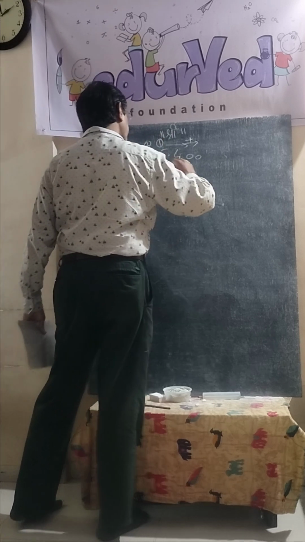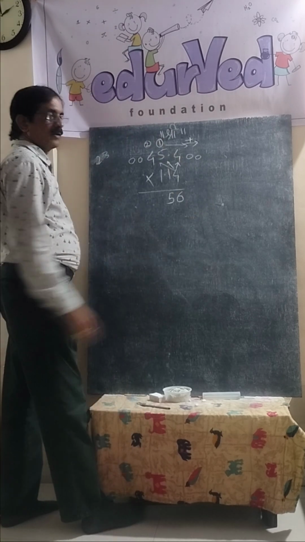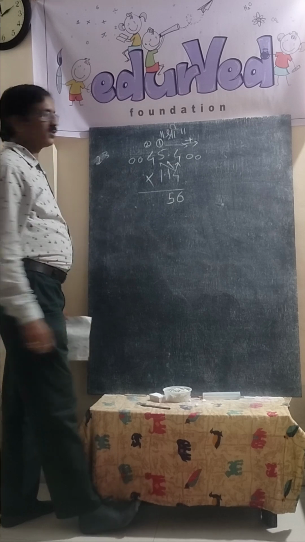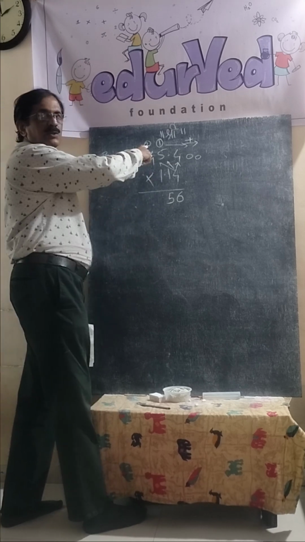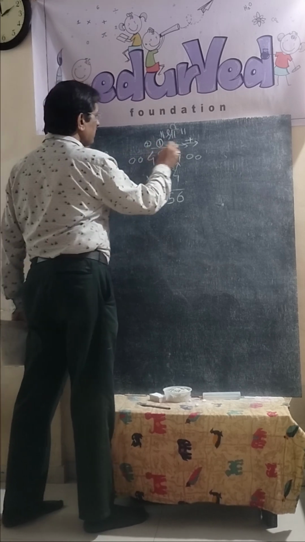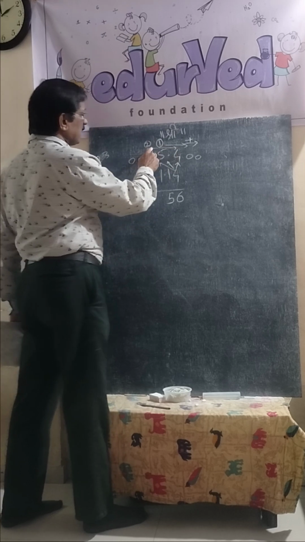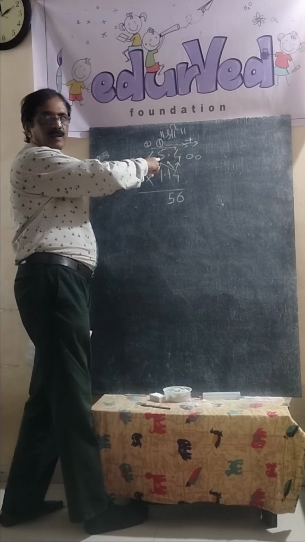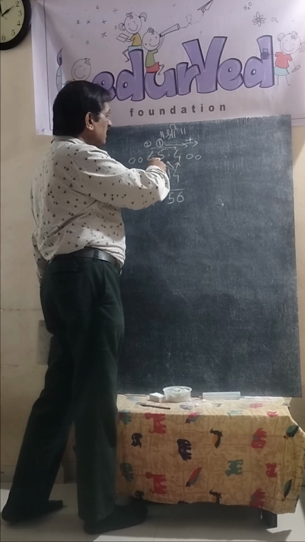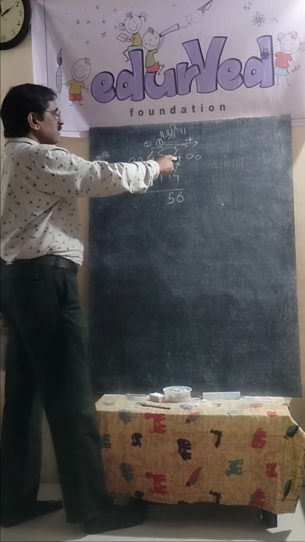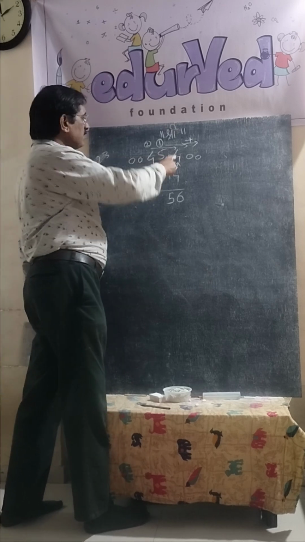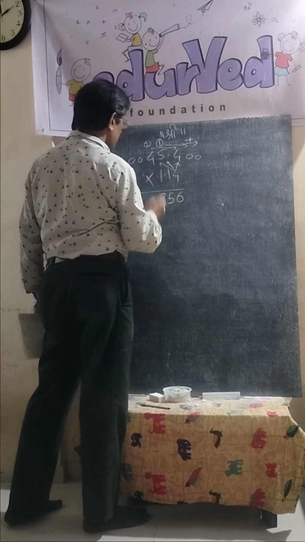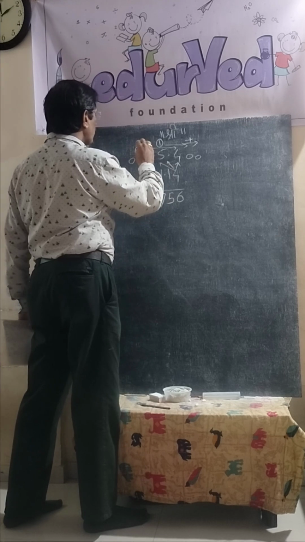Next step is 4 into 4, 4 fours are 16. 16 plus this 2, 18. 18 plus the adjacent 2 digits, 18 plus 5 is 23. 23 plus this 4, 27. Write 7, carry 2.